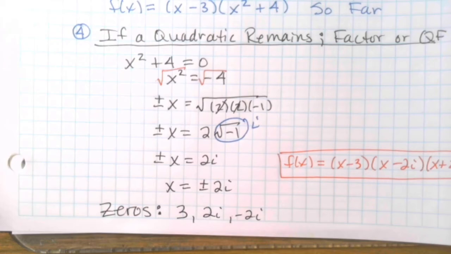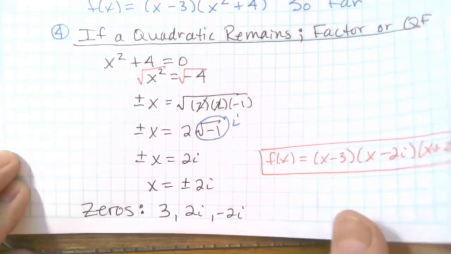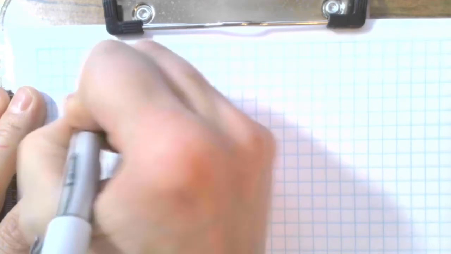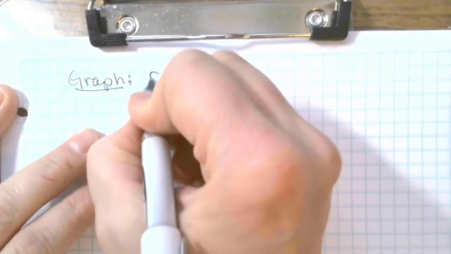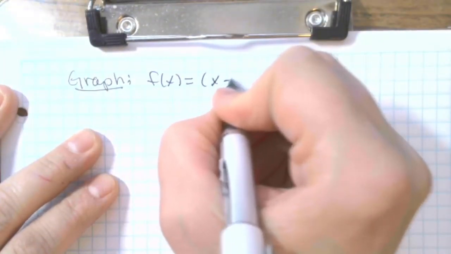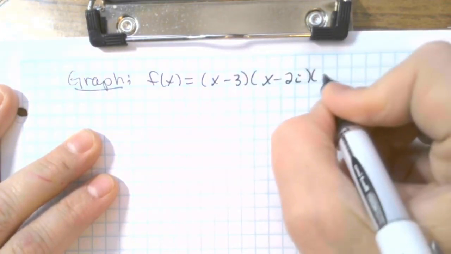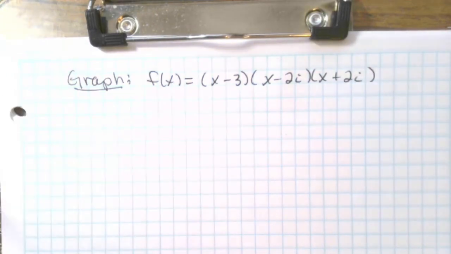That is the factorization. All right, so let's graph this and see what it looks like. So we're going to graph the polynomial that we ended up with. Let's rewrite it here. F of x equals x minus 3, x minus 2i, x plus 2i.